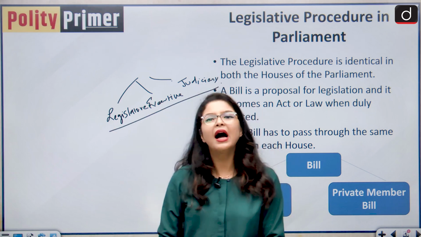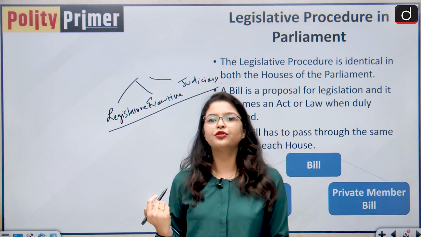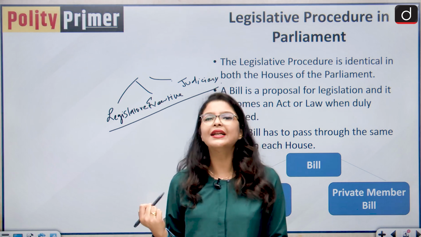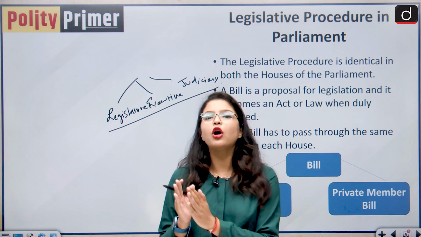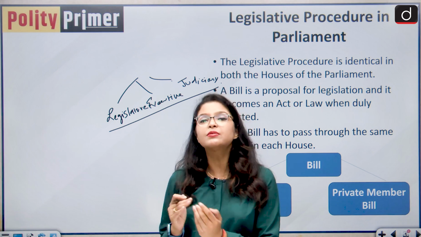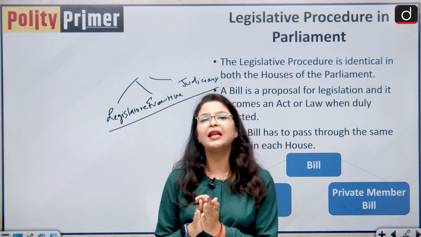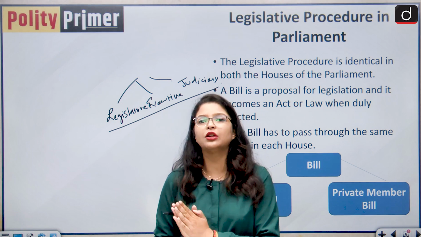So there is a power sharing between these three organs of the government, and this is known as horizontal power sharing. It helps us maintain checks and balances by one organ on another organ.